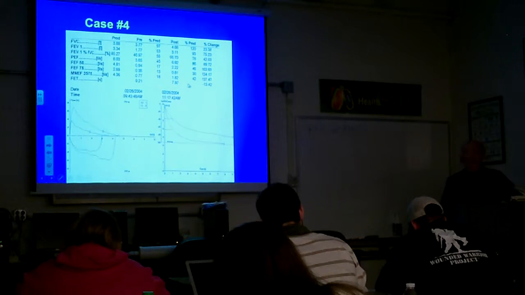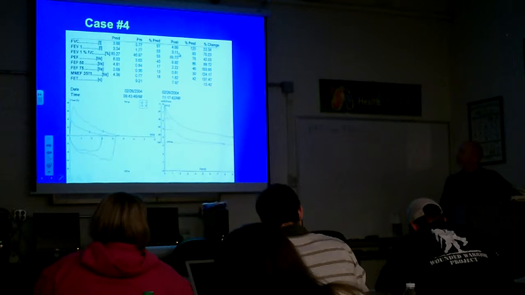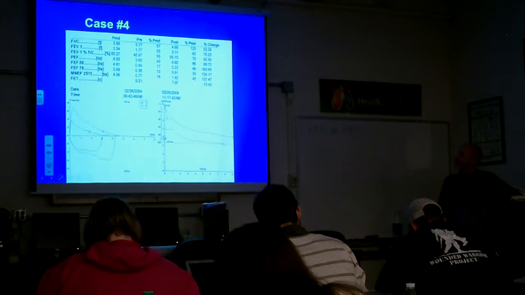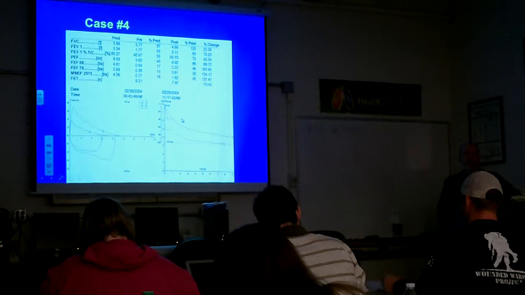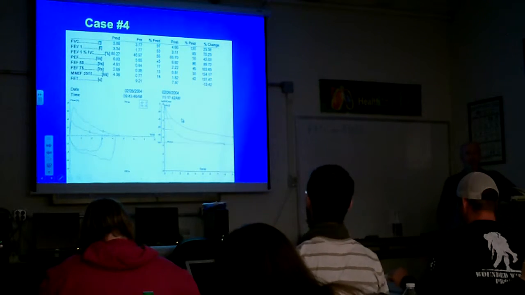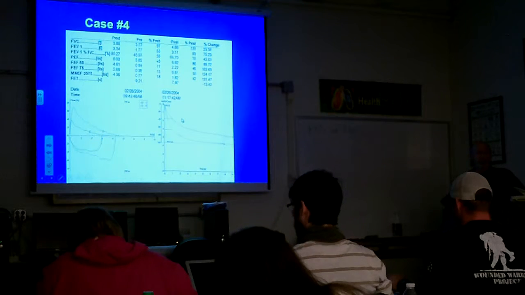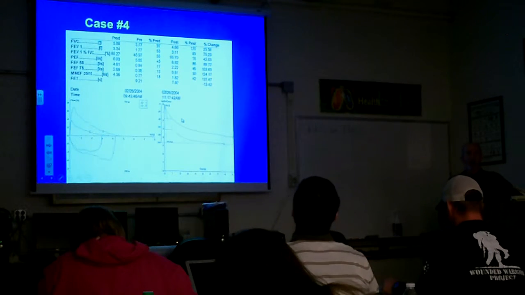And then you have to use the percent change. Of course they give it to you, but I showed you how to do that value. So it's post minus the pre divided by pre times 100. Just like we did with peak flows, post minus pre divided by pre.